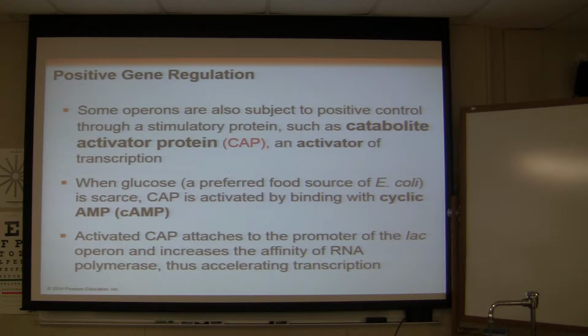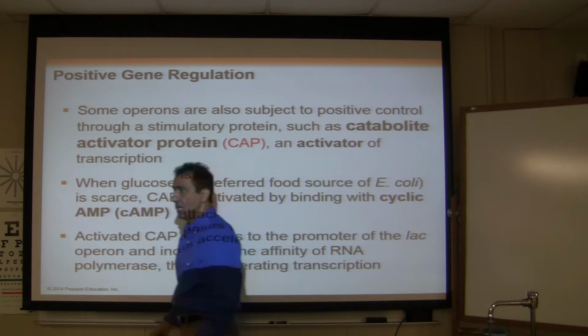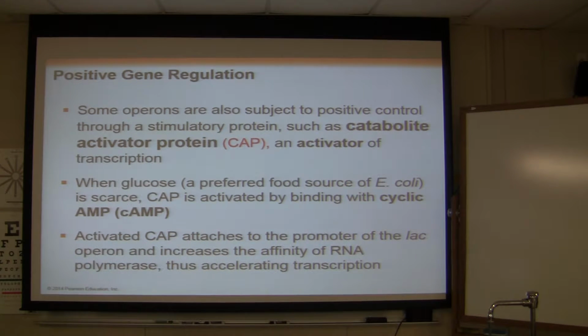Positive gene regulation. Let's talk about what positive gene regulation is. You saw two examples of negative regulation, the repressor, but it's not always repressing; it's also making things happen. It's a positive regulation. Some operons are also subject to positive control. It means turning on the switch.